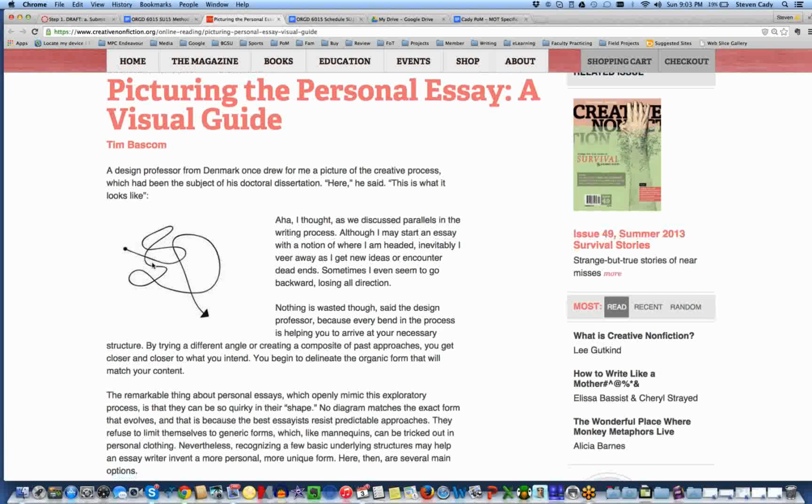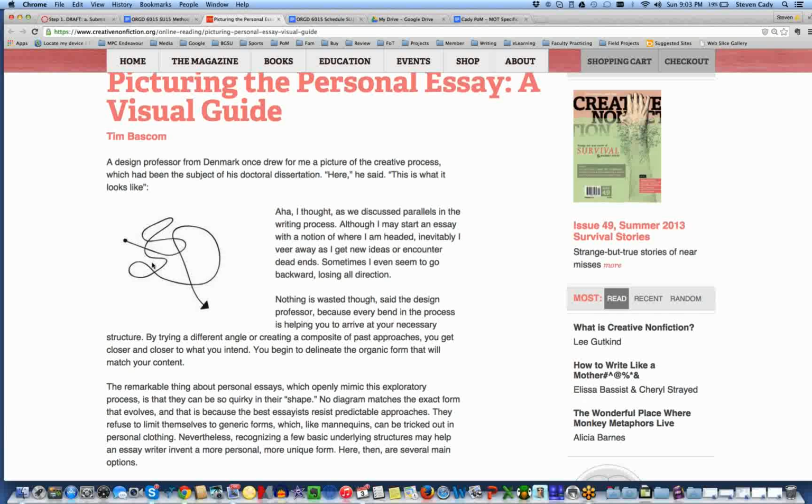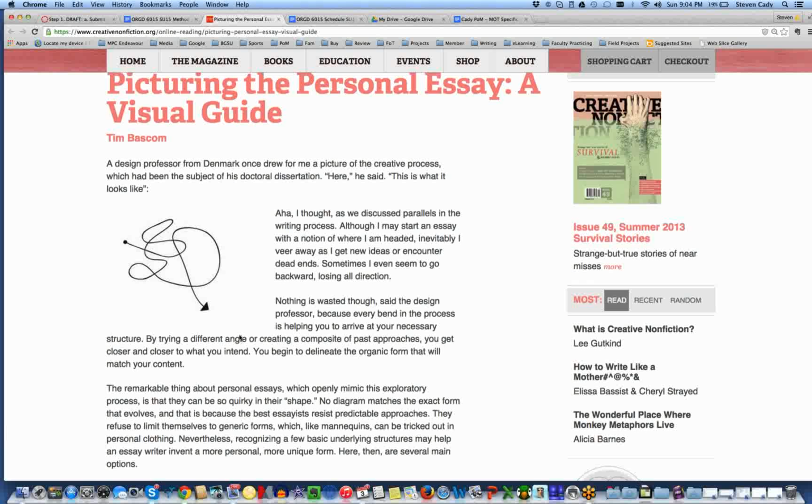Sometimes I even seem to go backwards, losing all direction. Nothing is wasted, though, said the design professor, because every bend in the process is helping you arrive at your necessary structure. By trying a different angle or creating a composite of past approaches, you get closer and closer to what you intend. You begin to delineate the organic form that will match your content.